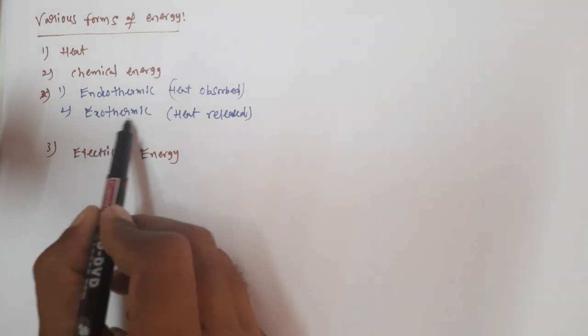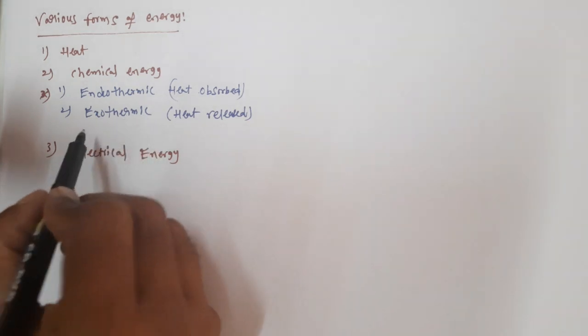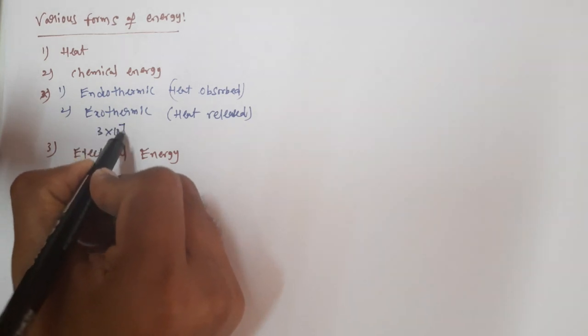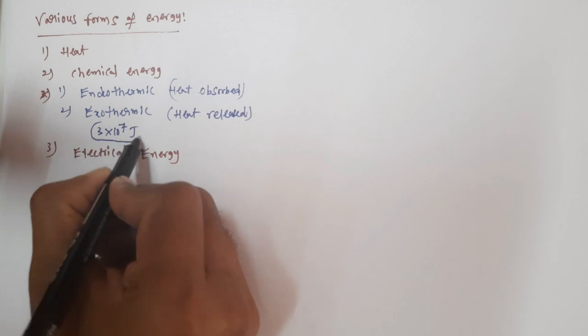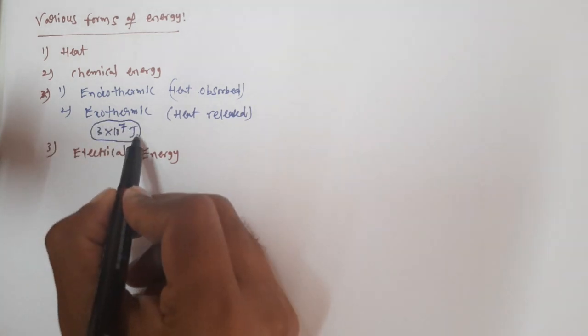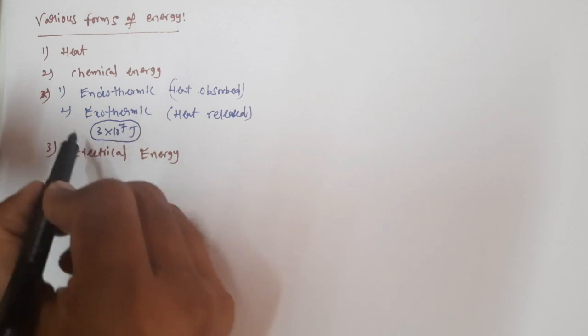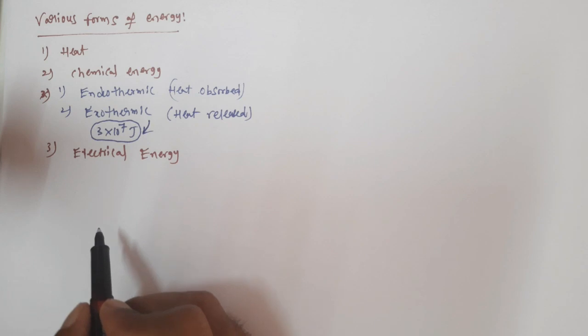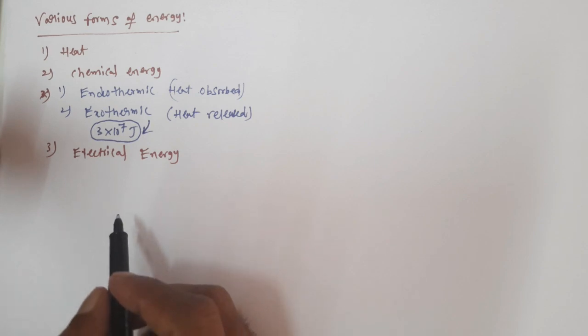That is exothermic. A good example is burning of coal. If we burn 1 kg of coal, we get this much amount of heat energy released. That means burning of coal is an exothermic chemical reaction.